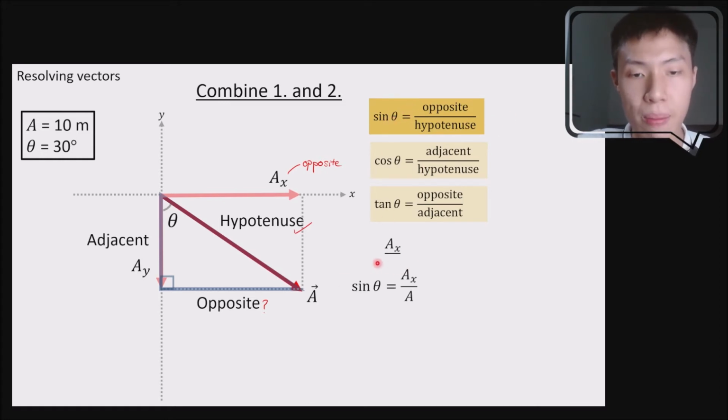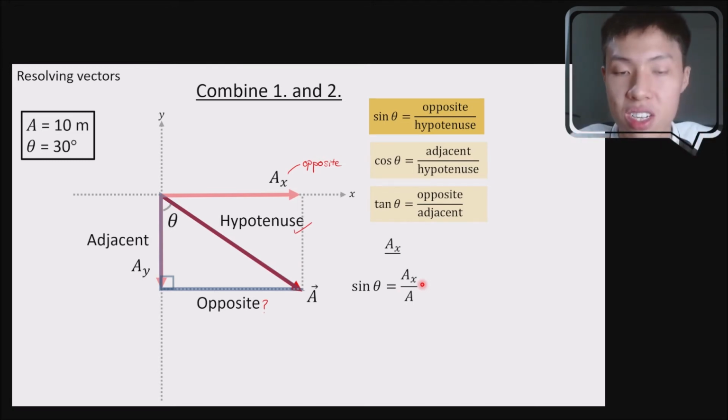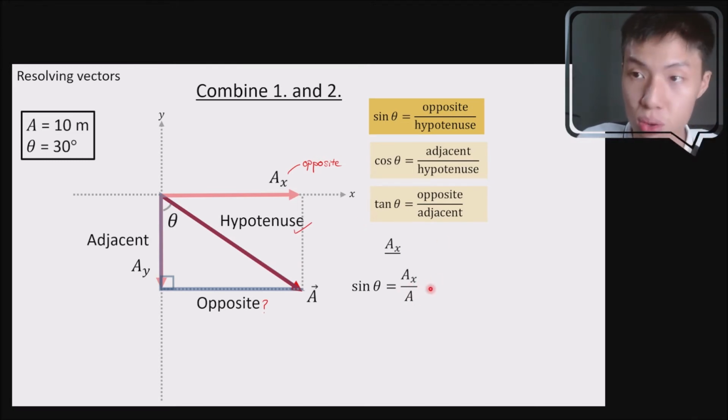So now we can put this equation, bring it down, substitute opposite with AX because that's the opposite that we want to find. Substitute the hypotenuse with the length of this vector A, or the magnitude of this vector A. See here, this A has no right arrow because this A is just representing the magnitude. It does not consist of any direction anymore. So this is just the magnitude only without the arrow on top.